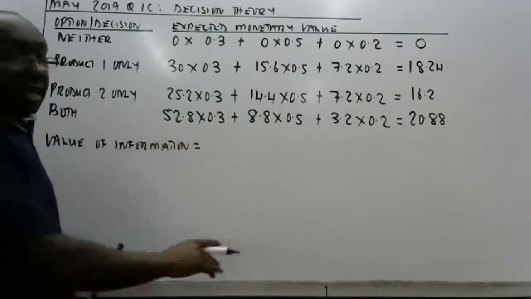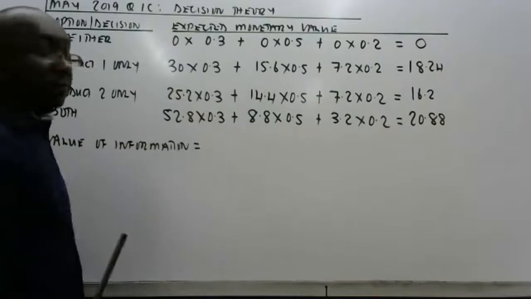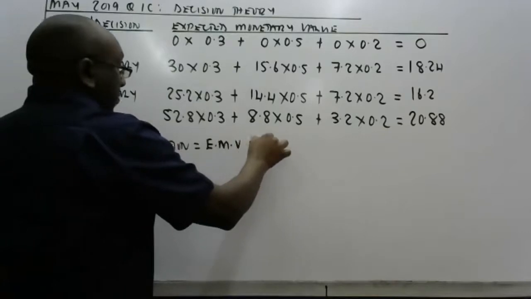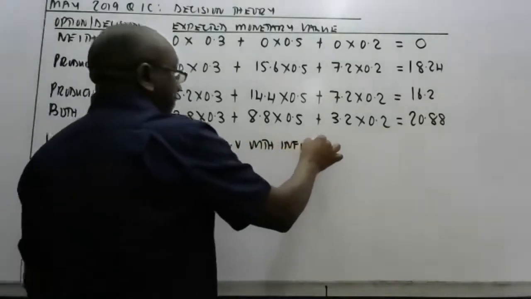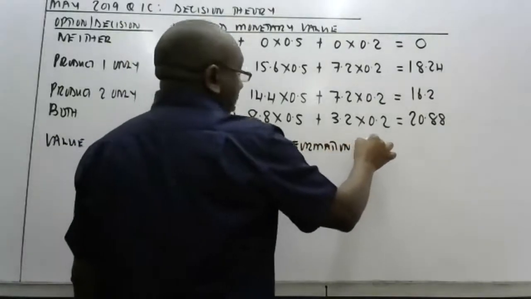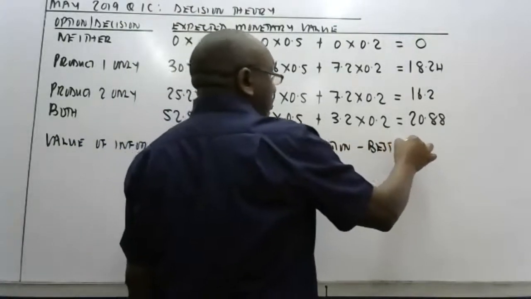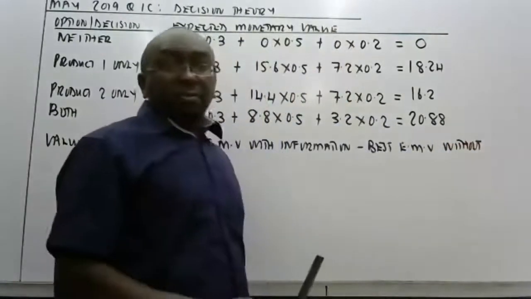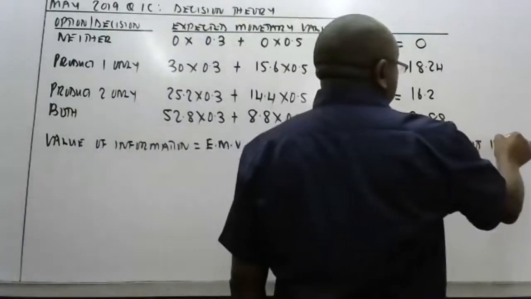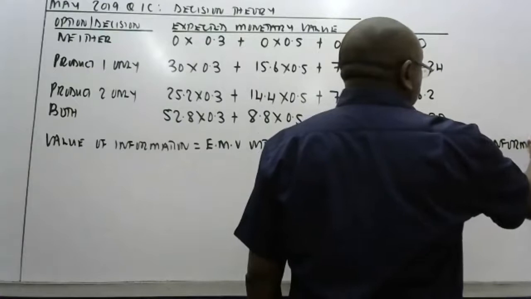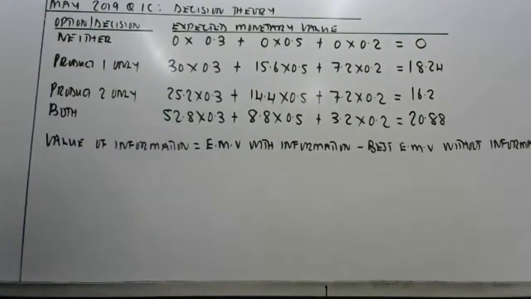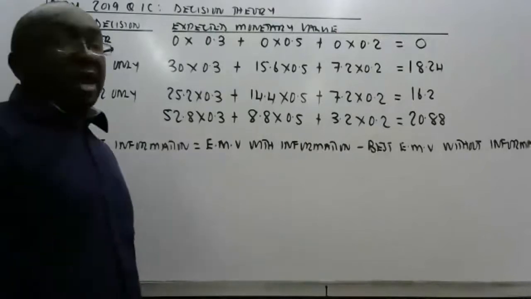In the case of a single stage decision, it is given as EMV with information minus best EMV without information. That is how you get the value of information.